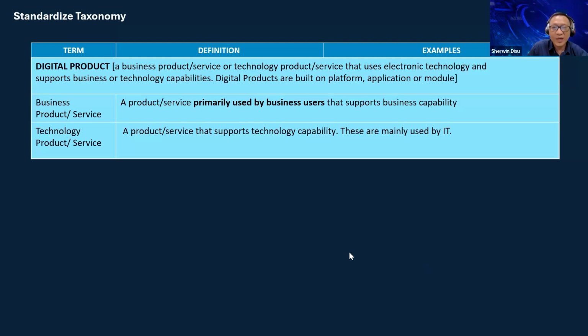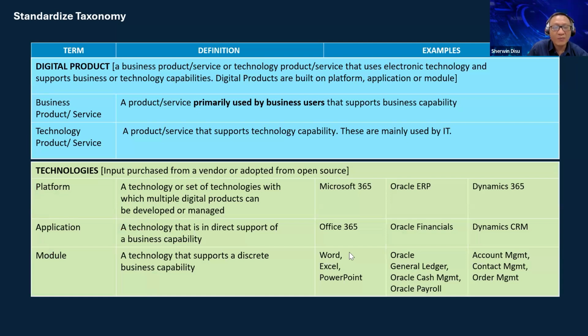Now we also define technologies, which are basically inputs we purchase from a vendor or may have adopted from open source. So platform, we define it as a technology or set of technologies with which multiple digital products can be developed or managed. So for example, Microsoft 365 is a platform, Oracle ERP, Dynamics 365. We go to application.